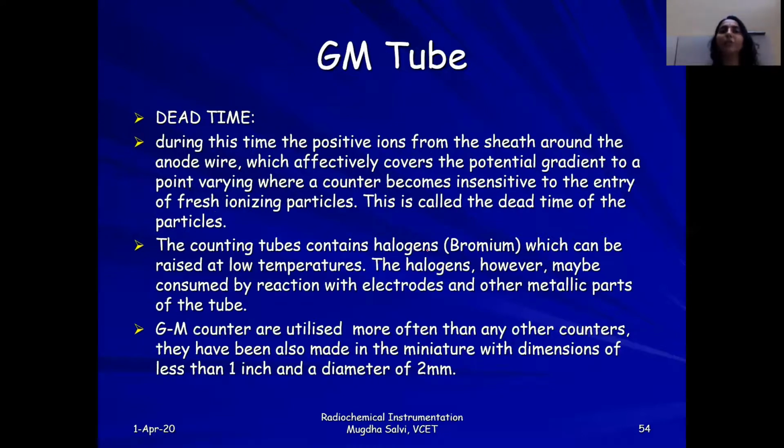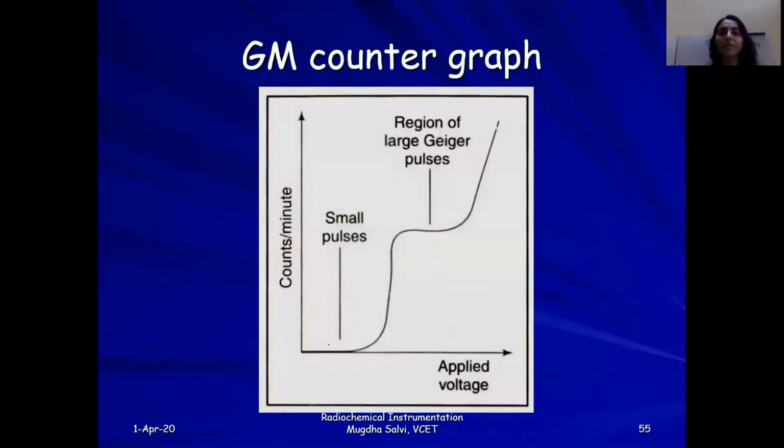This is the graph of a GM counter. There are small pulses initially. Then there is an avalanche effect, because of which the counts per minute suddenly rise, and then there is a plateau region. In this region, there are large pulses, but they will be proportional to the radiations that are entering. Means if it is alpha or beta or gamma, depending on those radiations, the height of these pulses will vary.